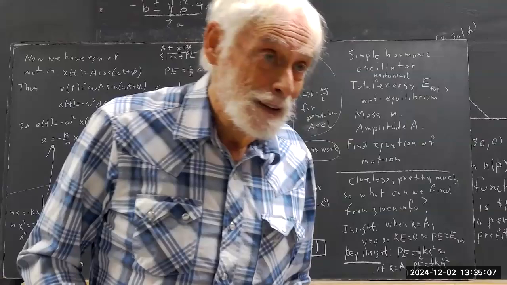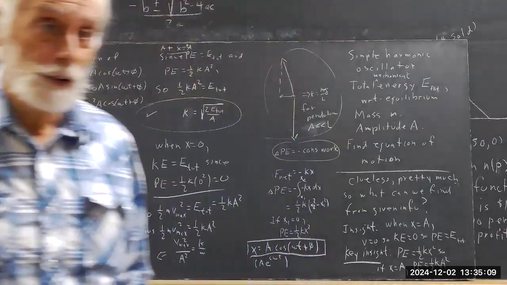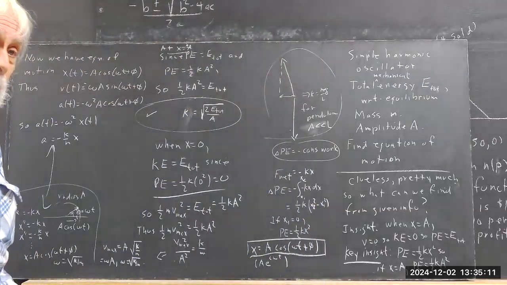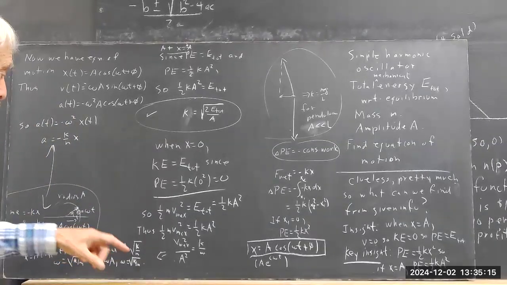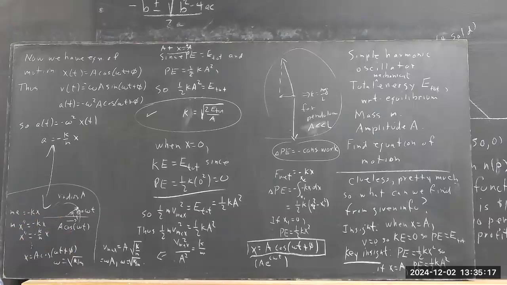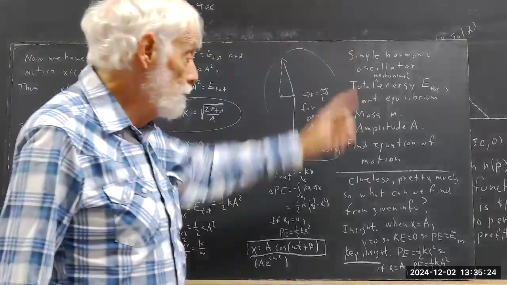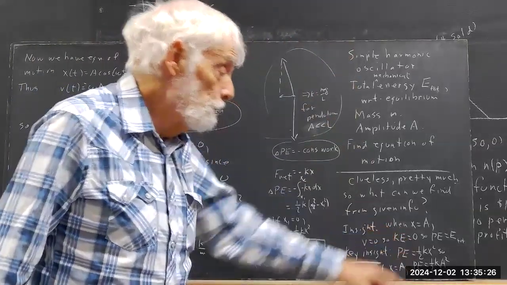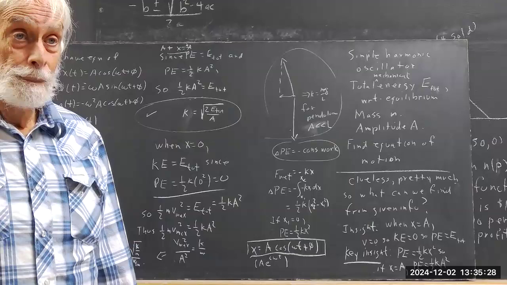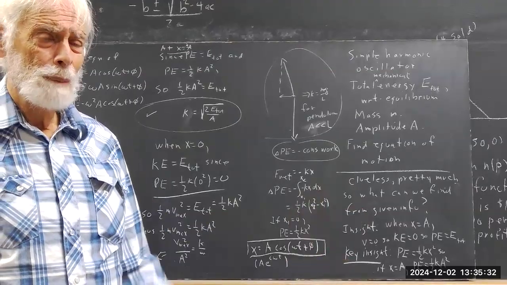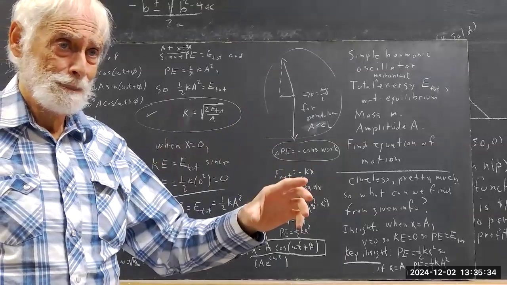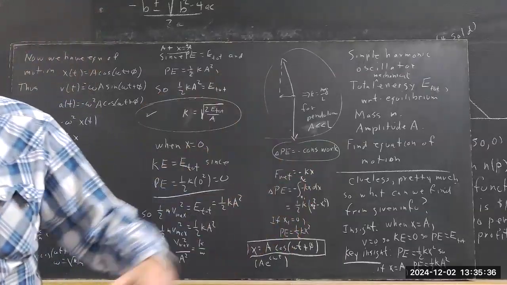Last year was the first year I finally succeeded in talking about the pivotal nature of this relationship, omega equals square root of k over m. It's pivotal, as are your energy relationships, and especially your potential energy. Make sure that comes together, because it's going to be important on the final.